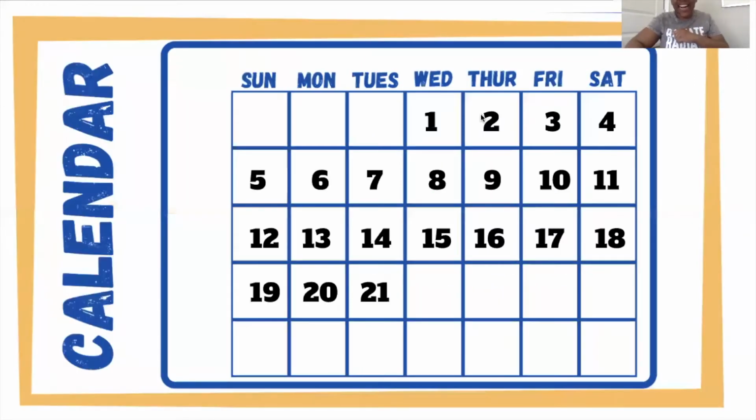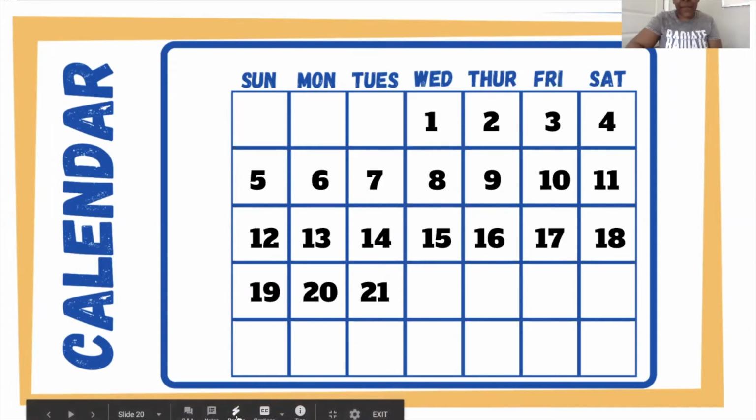Let's take a look at our calendar. All right, guys. Remember, our calendar places a number with each day of the month. For the month of April, our month started on a Wednesday.